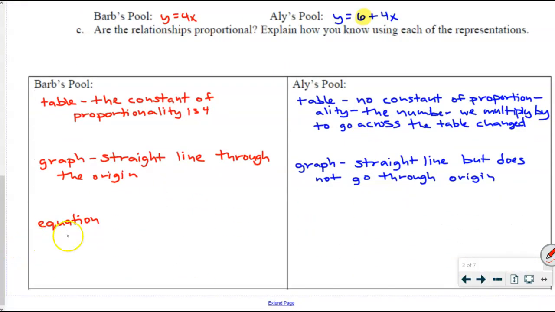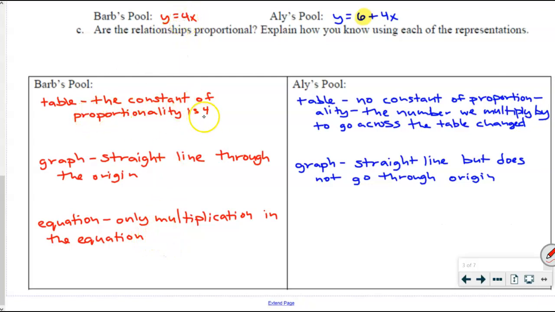So in the equations, we can see that we are only multiplying. That's the only thing that's happening. And even more than that, we're not just multiplying, we're multiplying by that constant of proportionality.